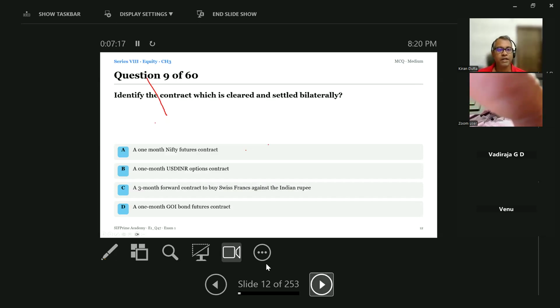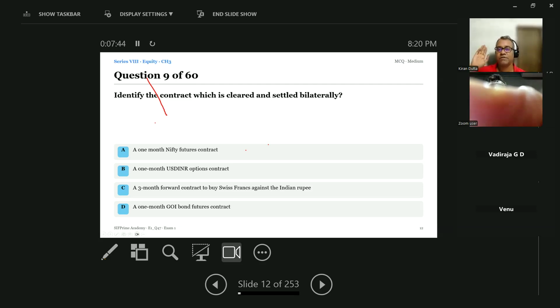Next. Identify the contract which is cleared and settled bilaterally. Get this one correct. I think we discussed this. This is based on the discussions that we had also, right? What did we say on day one?